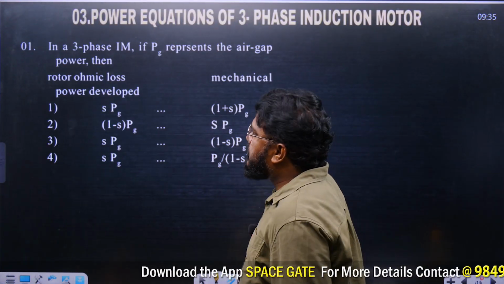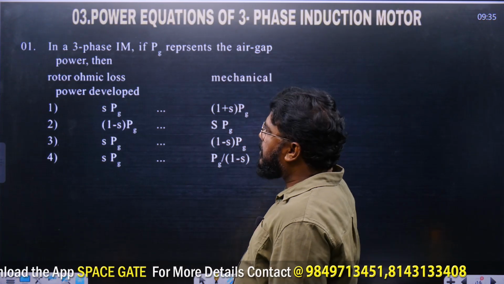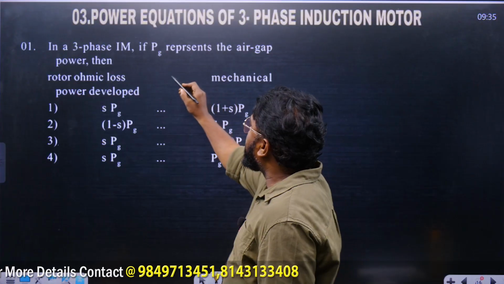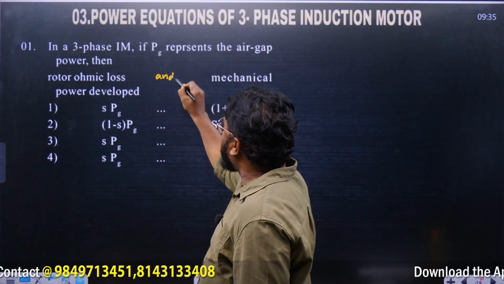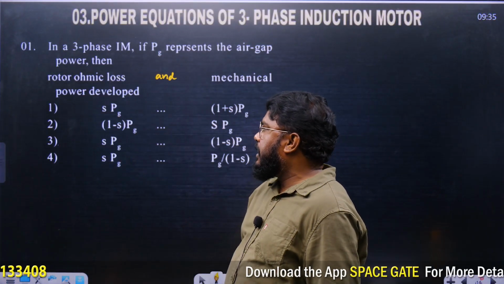Let us solve question number 1. In a 3-phase induction motor, if Pg represents the air gap power, then find the rotor ohmic losses and the mechanical power developed. Options are given like this.